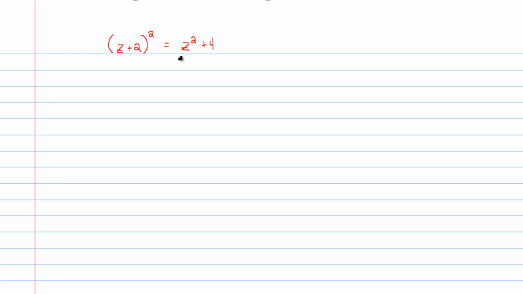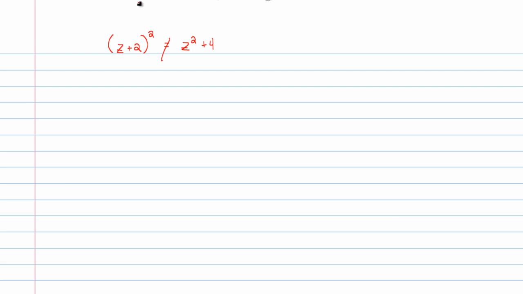It's a very bad mistake. It's not equal to z squared plus 4. You cannot distribute this power of 2 into a parenthesis. Addition and subtraction are two of the worst operations in mathematics, in the sense that what you want to be true with them is rarely true.